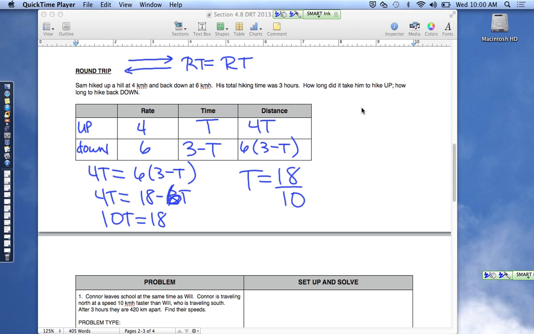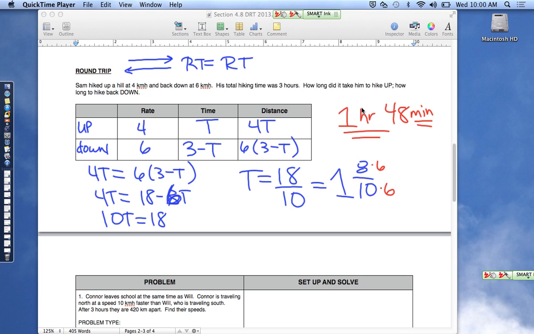and I need to interpret that into something that makes sense in the real world. The mixed number would be 1 8/10. And I can think about what portion of an hour 8/10 is. If I multiply 10 times 6, I get to 60 minutes. So this gives me 1 hour and 48 minutes.